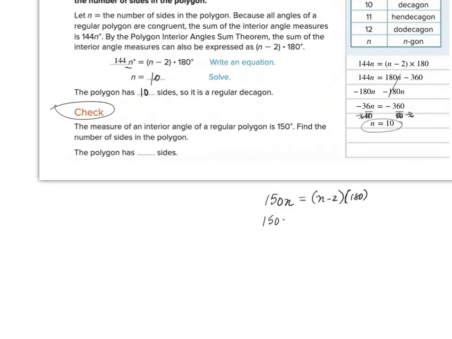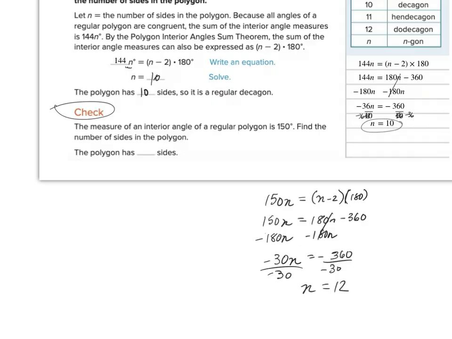So 150n is equal to 180n minus 360. Subtract that 180n from both sides because I want to combine like terms. I have negative 30n is equal to negative 360. Divide both sides by negative 30, and then n, the number of sides, is going to be equal to 12. So that one would be a dodecagon, a 12-sided polygon.